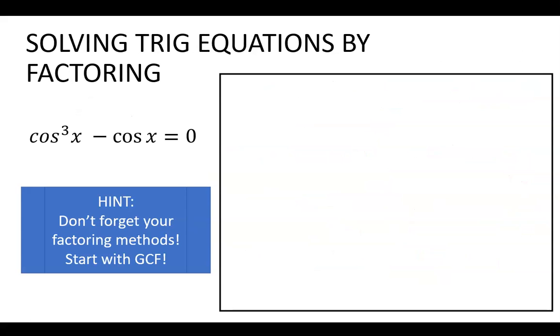Okay, this one we're going to solve by GCF. You'll see that I do have a greatest common factor of cosine. I factor my cosine out, and I'm left with cosine squared x minus 1. Set that all equal to 0. Solving this, I have 2 factors, so I set them equal to 0.